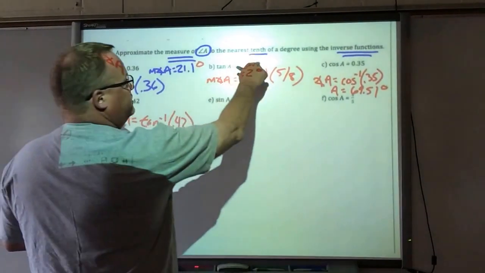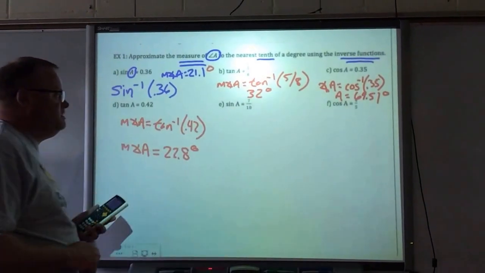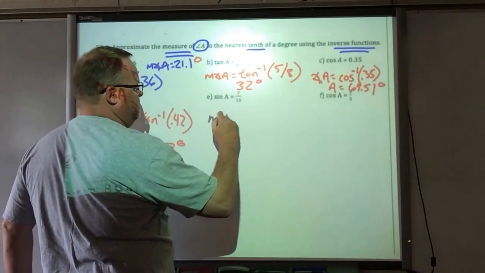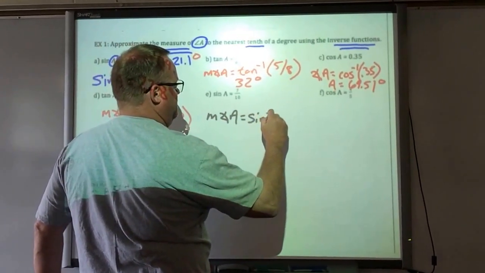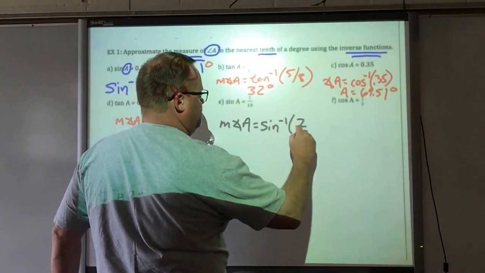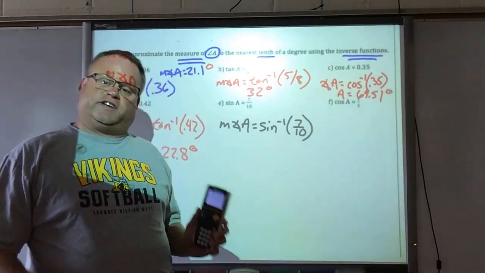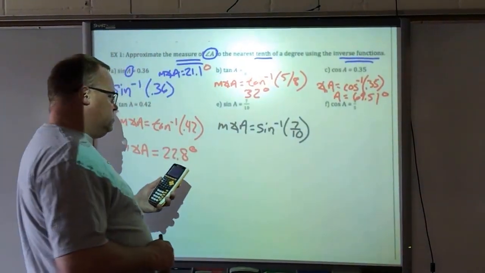I do want to do the nearest tenth, so 22.8. The next one, I'll change colors. The measure of angle A is going to be the inverse of sine of 7/10. Remember, all we're doing is practicing putting this in the calculator. We're actually going to solve for them here in a second. So here we go.